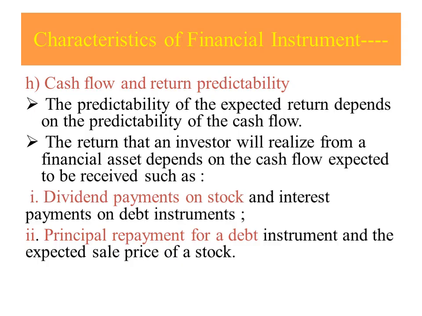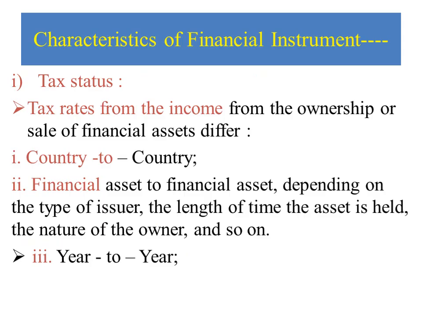The return that an investor will realize from a financial asset depends on the cash flow expected to be received, such as dividend payments on equity securities, or on shares or stock, and interest payments on debt instruments, that is debt securities, and the principal repayment for debt instruments and the expected sale price of a share or stock. This is another characteristic of financial instruments.